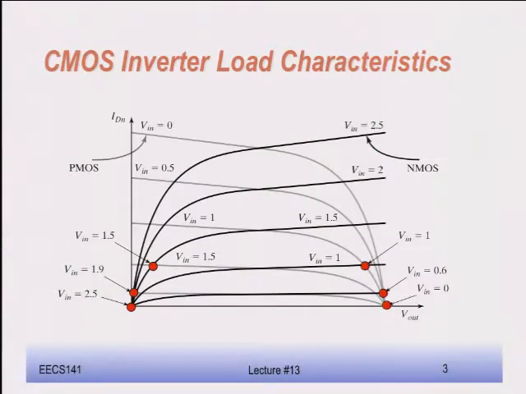What I showed here is that by manipulating the voltage, the IV characteristics of the PMOS and the NMOS of the inverter, I can put them on top of each other, and now I can start getting an idea for different input values. These are the red dots, where the different transistors might be from an operational perspective. For instance, if the input is low, we know that the NMOS is going to be off, the PMOS is going to be in linear mode.